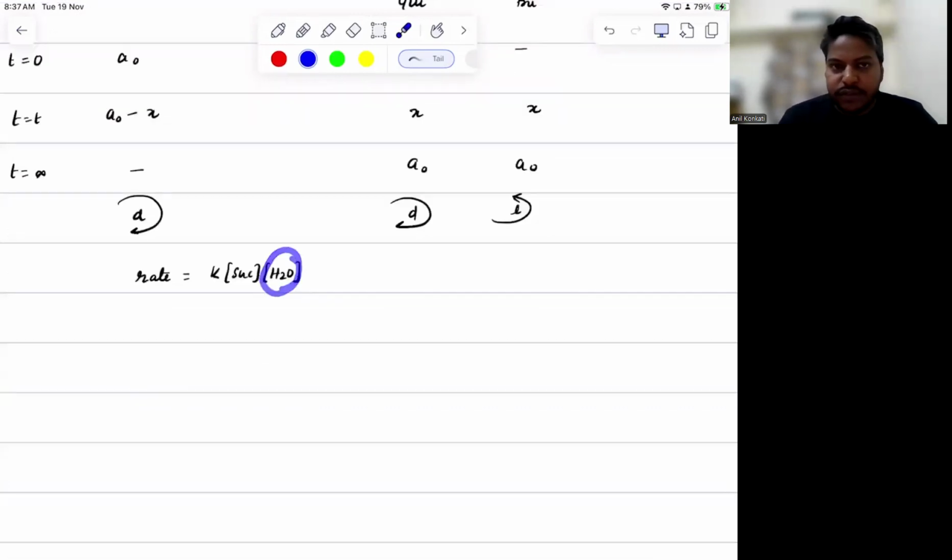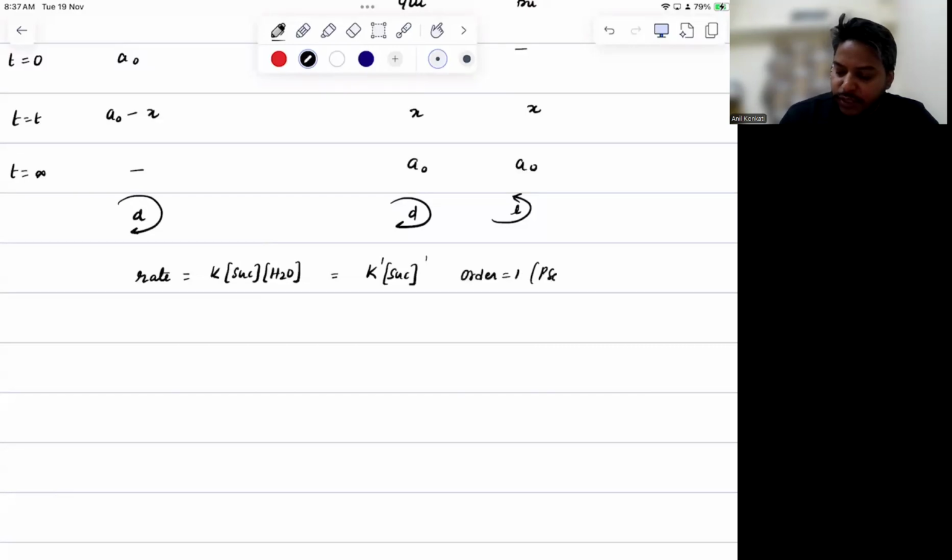Concentration of water is around 1000 by 18, which means the change in the concentration of water is extremely low. So we can consider H2O as constant, and therefore we write this as a new constant K dash into sucrose concentration power 1. So order now here is 1. This is called pseudo first order kinetics.